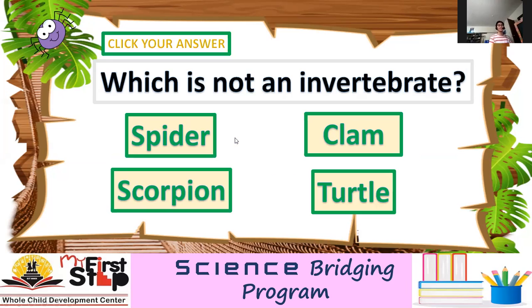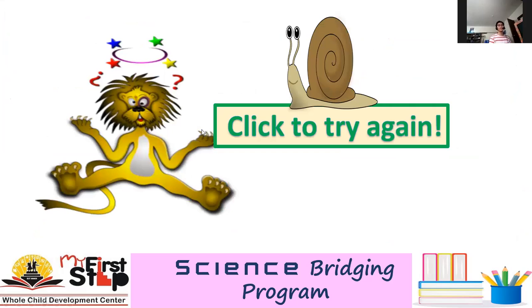When you click here to start, you will be directed to the next page. Now, let's say the question is, which is not an invertebrate? For example, is it a spider? If you click spider, oops, that's wrong. So you're going to click try again.